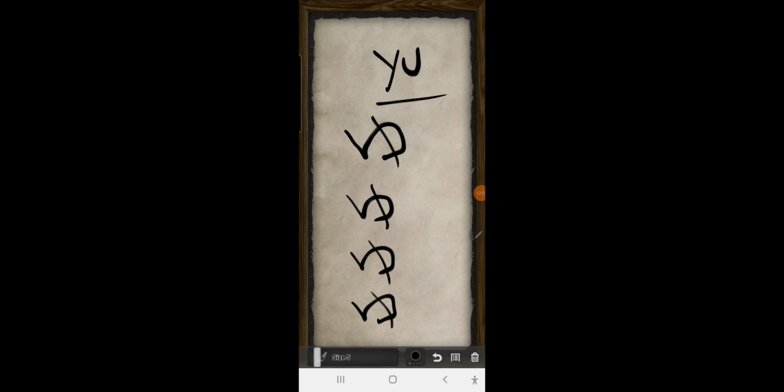These will be a lot easier to write. So that's Hiragana. In Katakana, u looks kind of like maybe a capital 1. 1, 2.